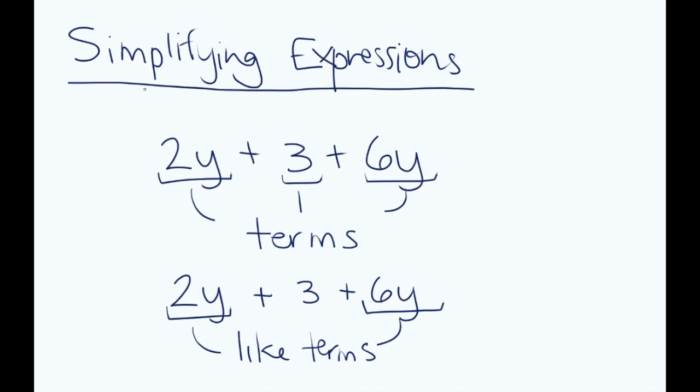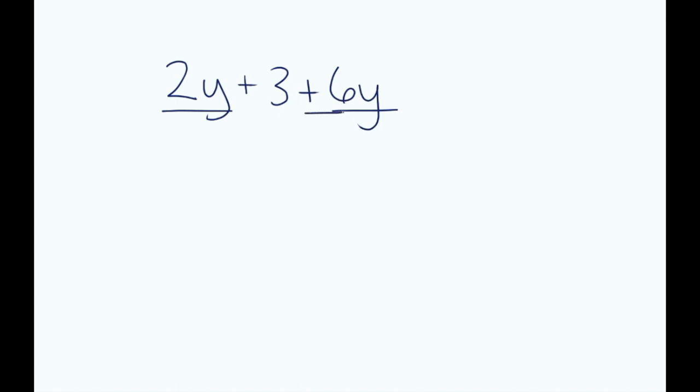So I'm going to erase this here and rewrite 2y plus 3 plus 6y. I like to underline any like terms when I come to an expression, so I will underline 2y and 6y. I also like to underline the operation that comes before any term, because that tells me what to do with it.